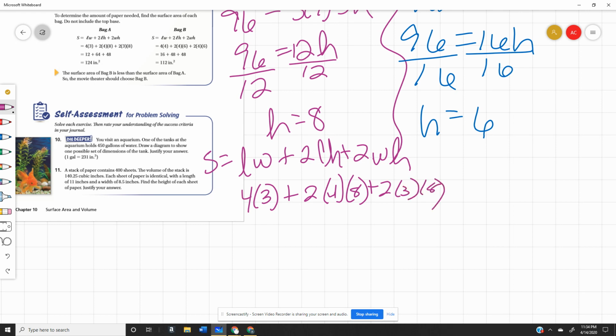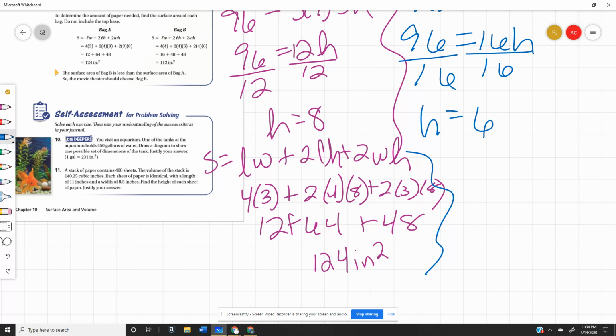Okay, so 4 times 3 is 12. 2 times 4 is 8. 8 times 8 is 64. 2 times 3 is 6. 6 times 8 is 48. 64 and 48 is going to give me 112, plus 12 is 124 inches squared is the surface area of that one, bag A.